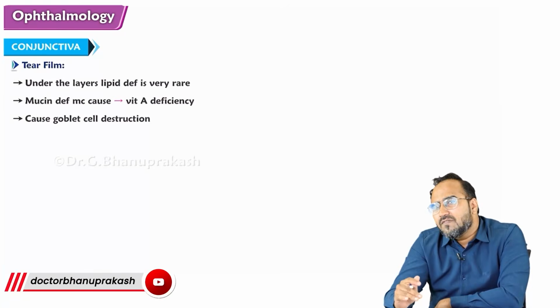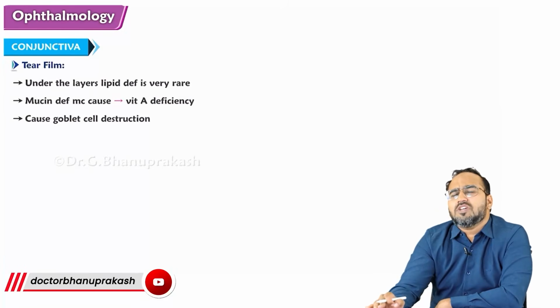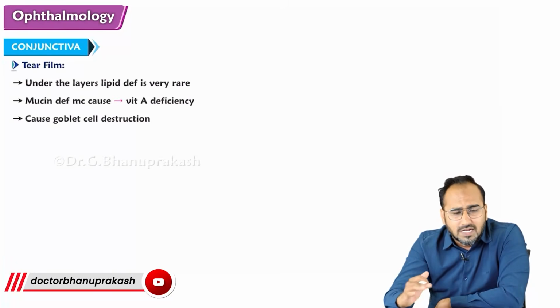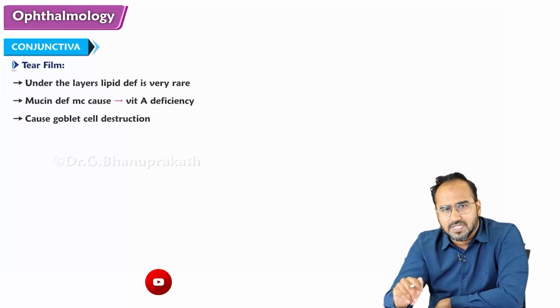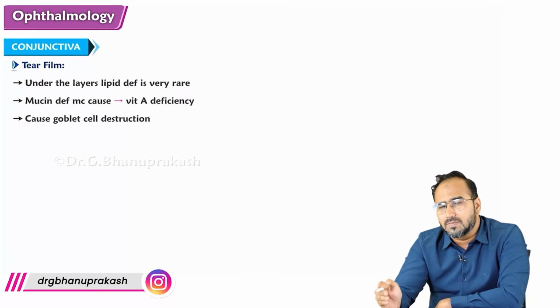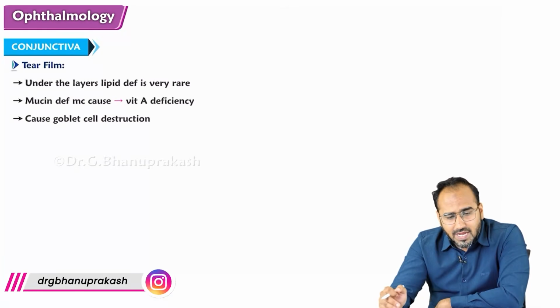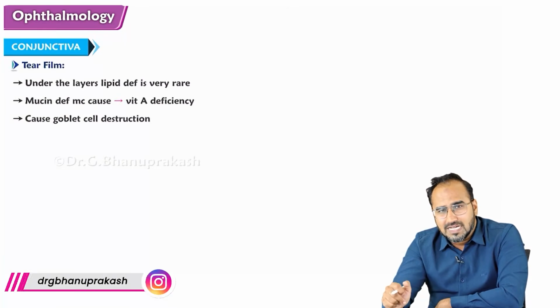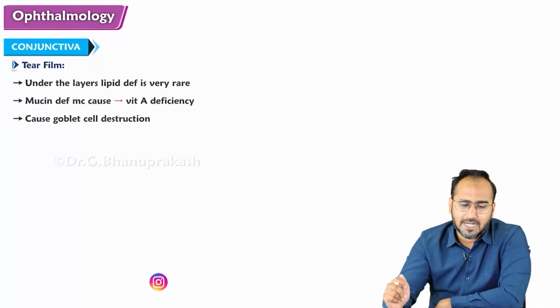This vitamin A deficiency causes destruction of the goblet cells, leading to mucin deficiency. Right? So remember, guys, under the 3 layers, the most common layer deficiency that you see is the mucin layer. And the least is the lipid layer.